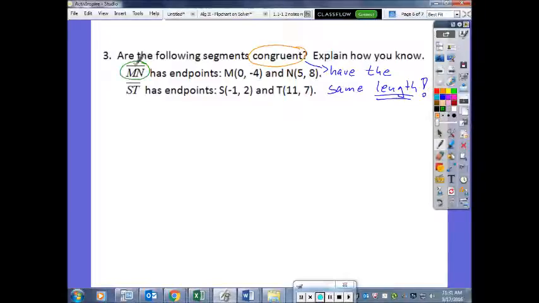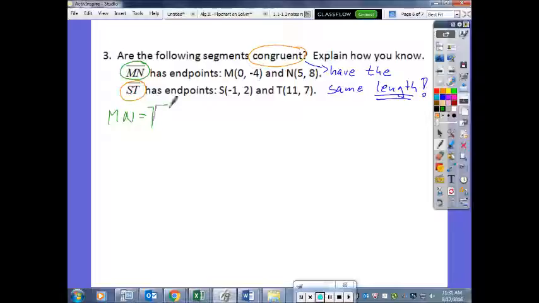Segment MN has the endpoints M at 0 and -4 and N at 5 and 8. And the segment ST has the endpoints S at -1 and 2 and T at 11 and 7. So we're going to use our distance formula to find the length of these two segments.